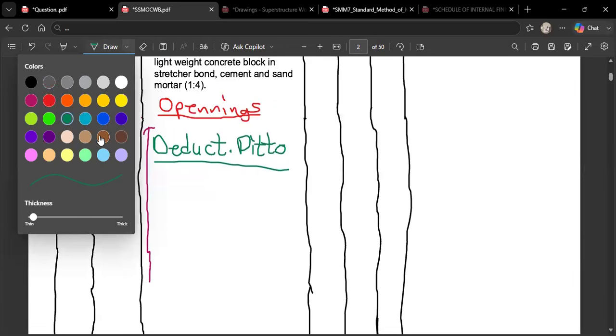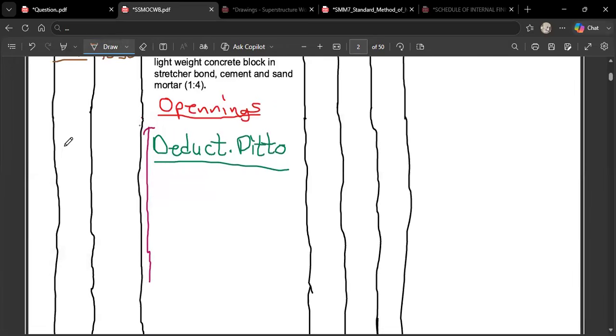So that is 32.95, and what? 0.23. 32.95 and 0.23.